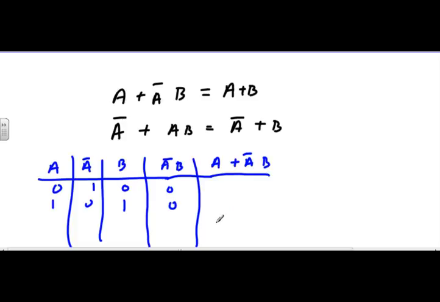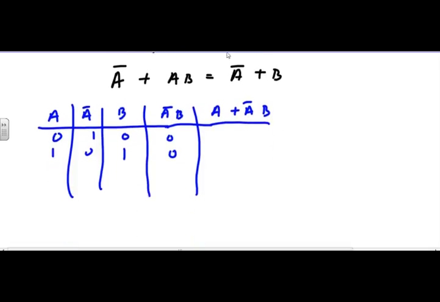A naught B, you have as a 0. I'm sure it'll work out. All right. I've got 0, 1, 1, 0, 1, 0. All right, so A naught B is a 1, and A naught B is a 0.